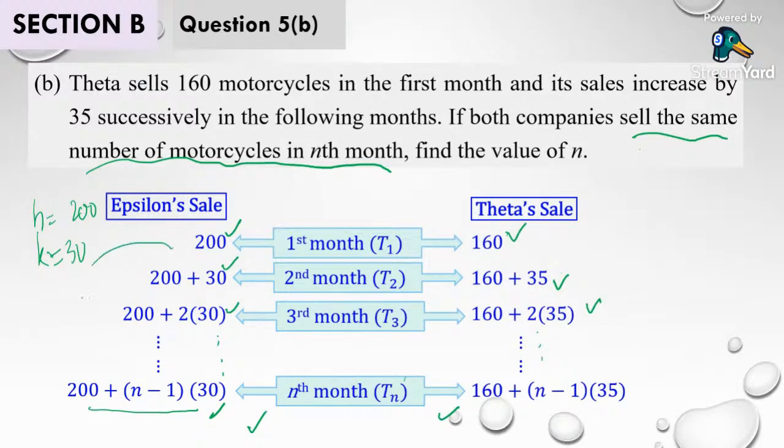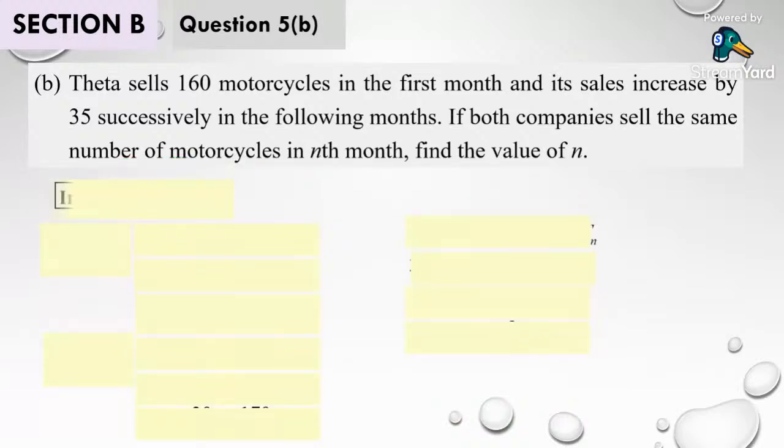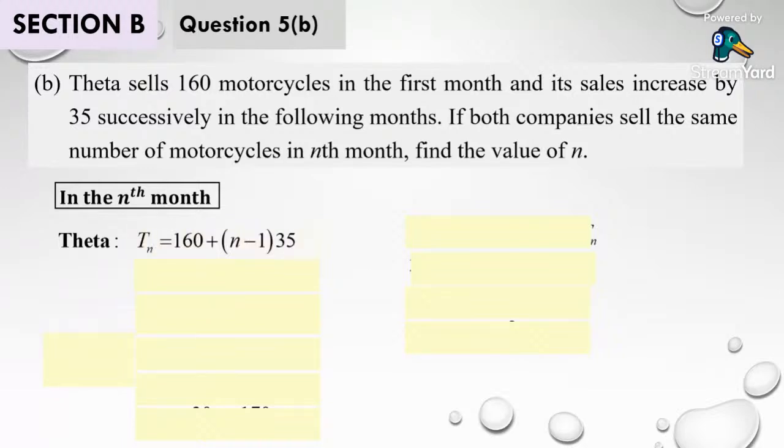These two values here, by the time I make them equal, will give the n that I want according to the questions. So in order to solve that, let us first calculate in the n month what is the sales of theta and epsilon respectively. For the sales of theta, we have Tn equals 160 plus n minus 1 times 35.